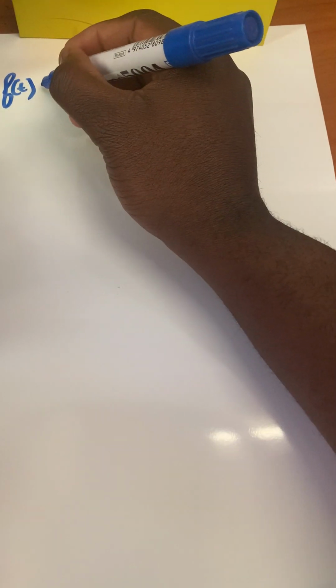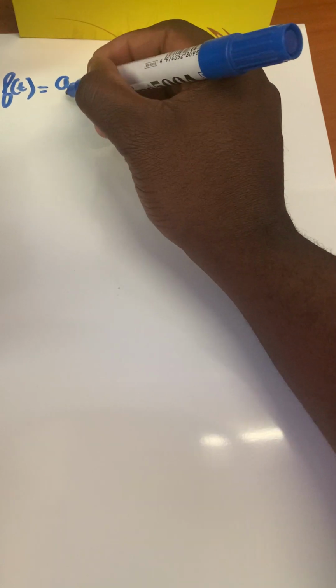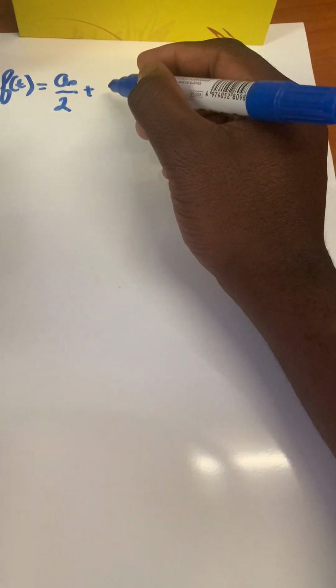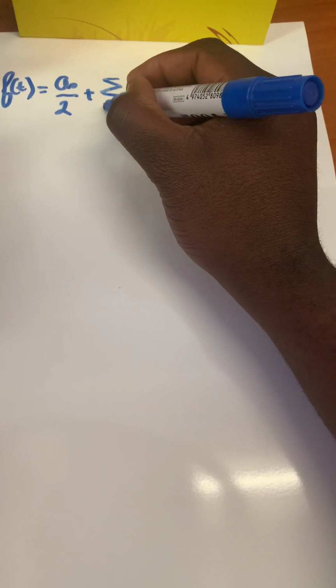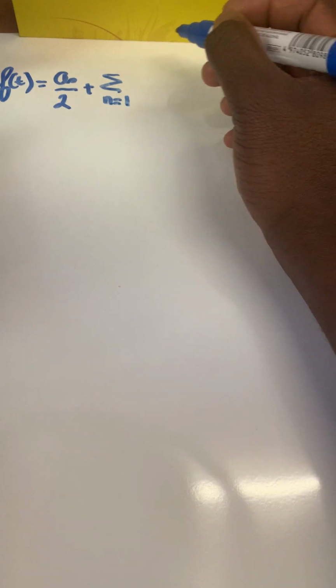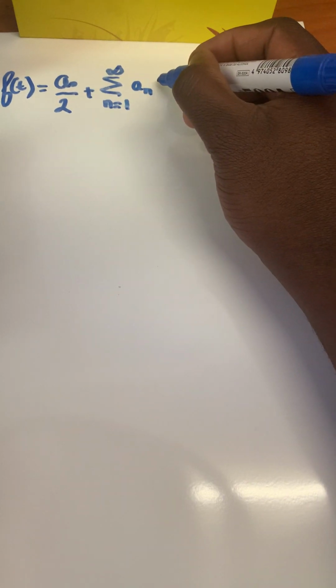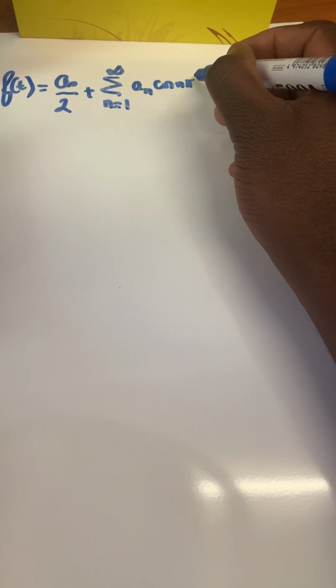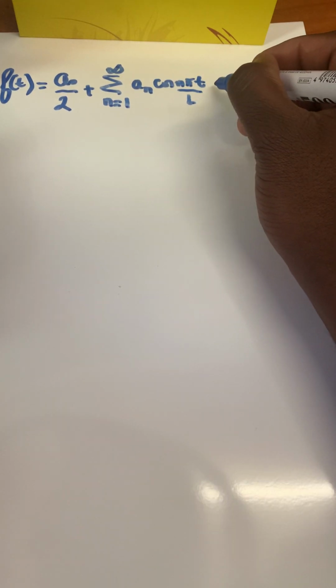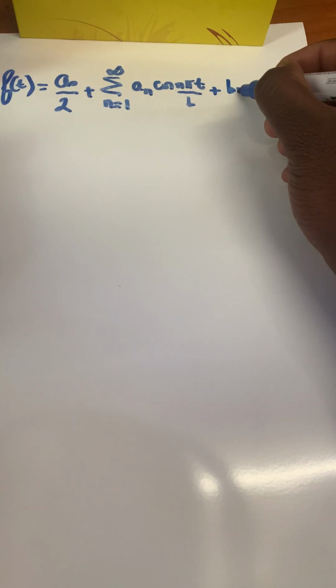We have f of t equal to a0 divided by 2 plus the summation of n starting from 1 to infinity of a n cos of n pi t divided by L plus b n sine of n pi t divided by L, but you put the bracket here. That is the very first thing you do.